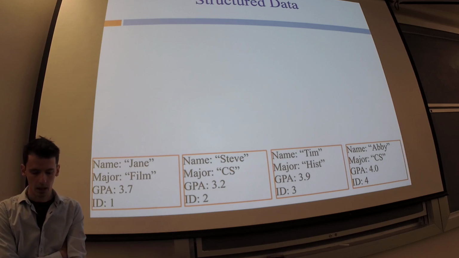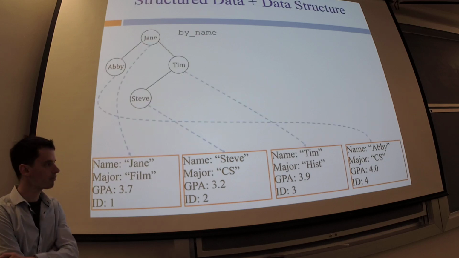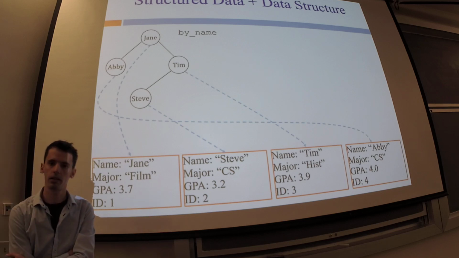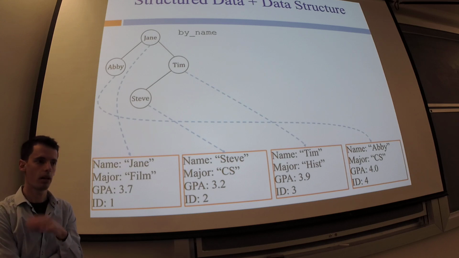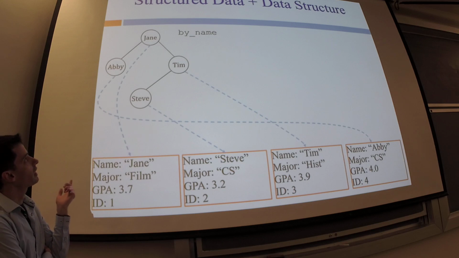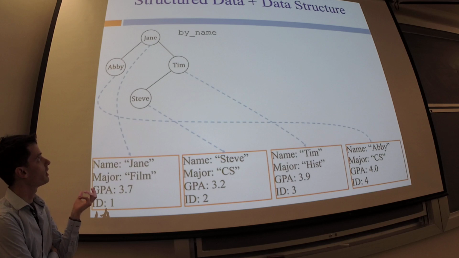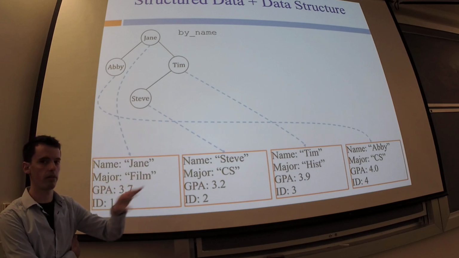Or I could build a binary search tree where the nodes in the tree are not the records themselves. The nodes in the tree are just that key that I care about searching on, so just name. So look at the nodes here. All they contain is the name, and then all nodes, the way I've drawn it, contain a pointer to one of the records.